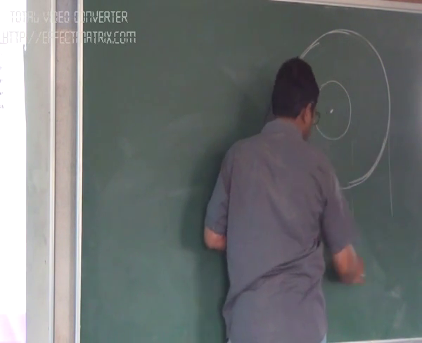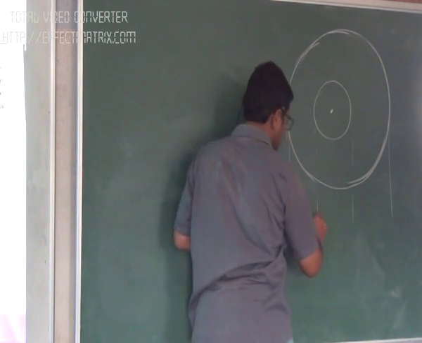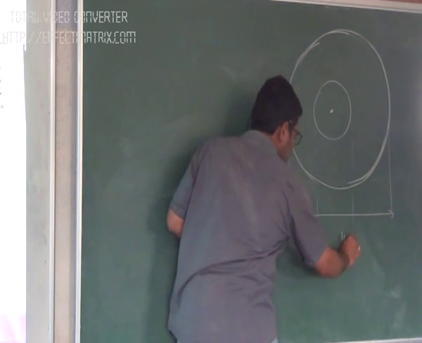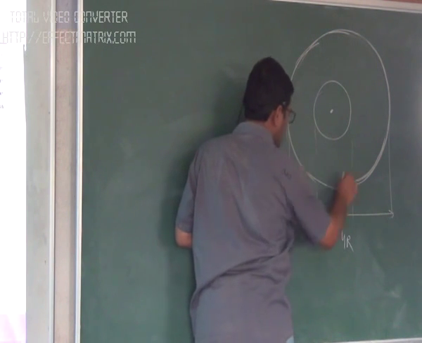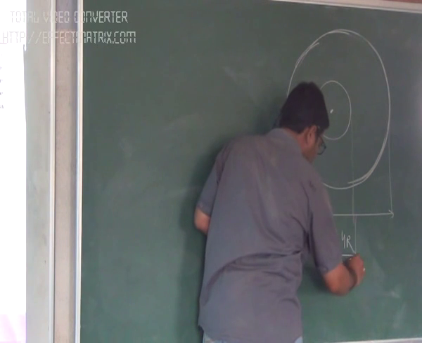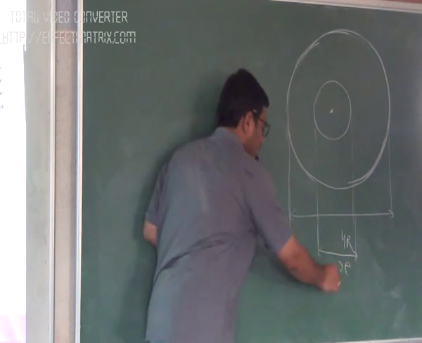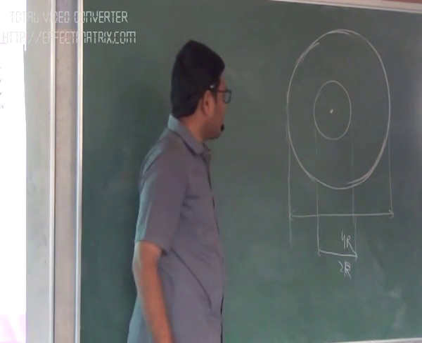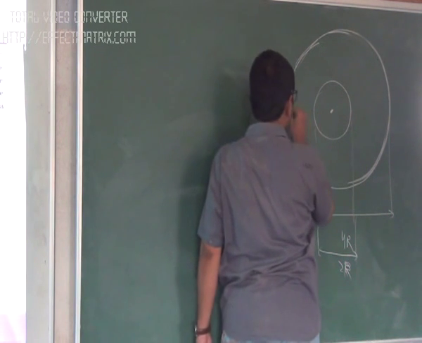This has 4r. This is 4r from the external surface. What is this? 2r. Right? Got the point.